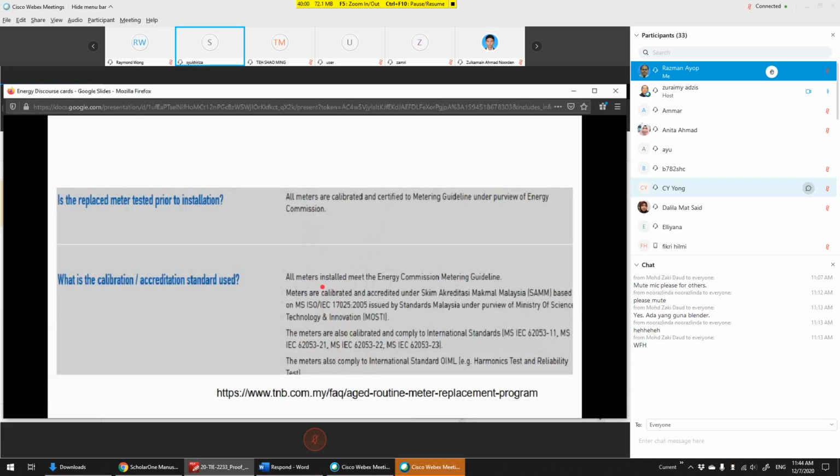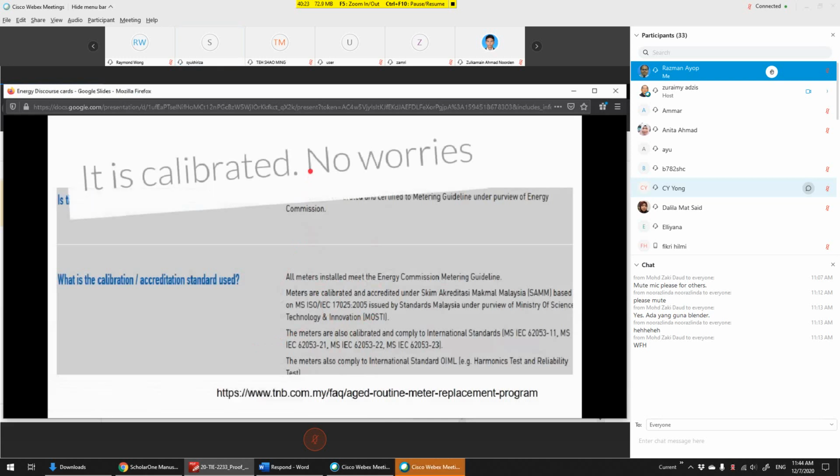Then further, all meters installed meet the Energy Commission metering guidelines. So Suruhanjaya Tenaga will monitor this calibration, right? They just monitor, but who has to do the calibration? TNB. When it has been calibrated, it is installed in our home. So there's no problem of you're not sure because it is calibrated.